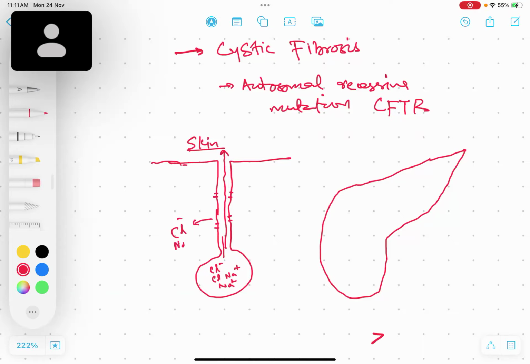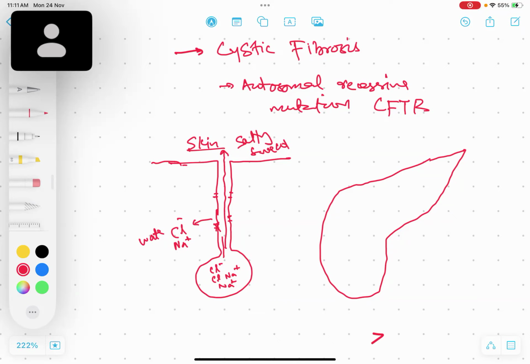So sodium will follow as well, along with water, okay. If these channels are defective, it will lead to a lot of chloride and sodium, along with water, being excreted. So you will have a salty sweat, okay. So this is what happens in the sweat gland.